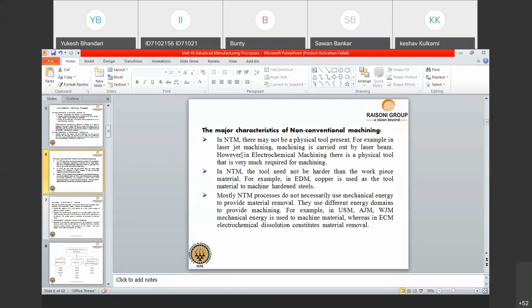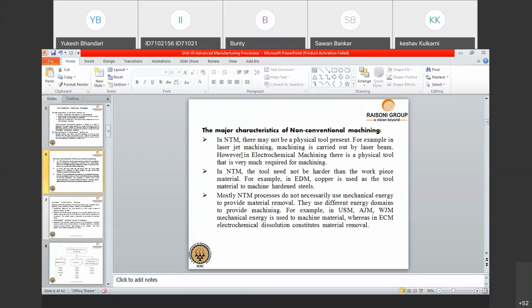For example, in laser jet machining, machining is carried out by a laser beam. But in another process like electrochemical machining, a physical tool is very much required. So in different NTM processes, a physical tool may or may not be available.